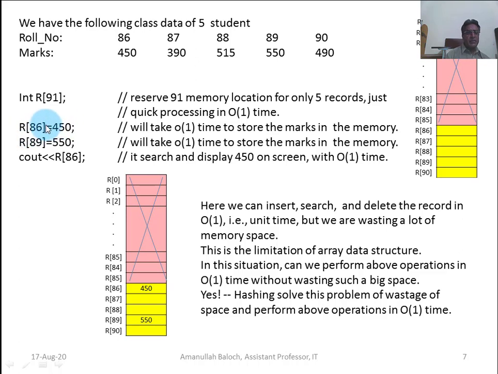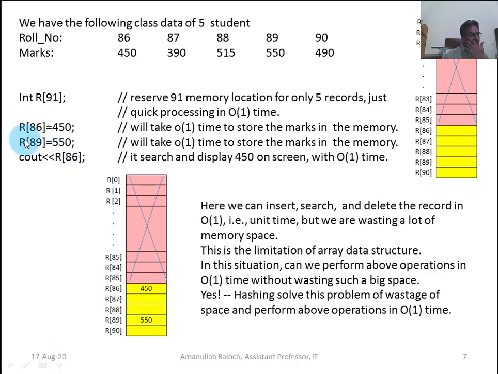This is a program statement, and through this statement I want to store the value 450 at index number 86 in the R array. Then this is index number 86 and this is the R array, so 450 will be stored here, and you may see it here. R of 86 contains 450.